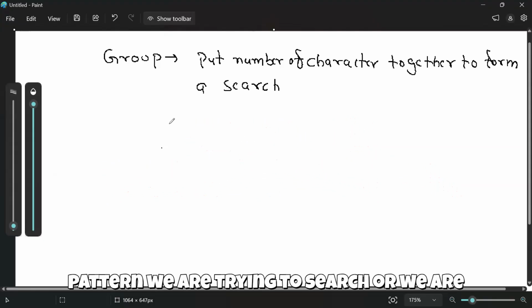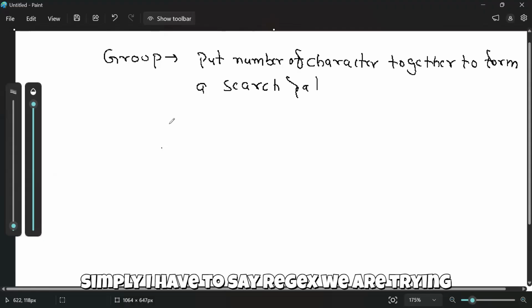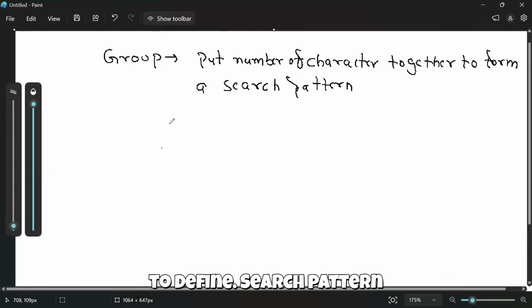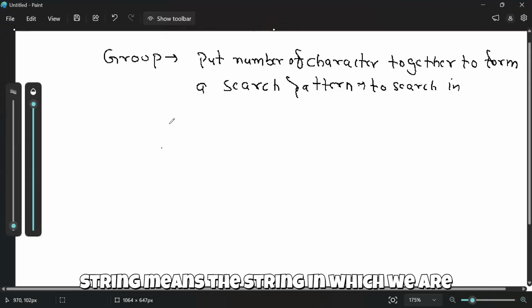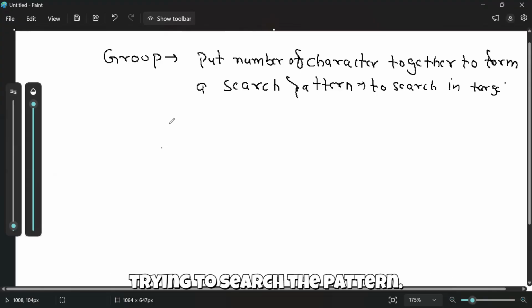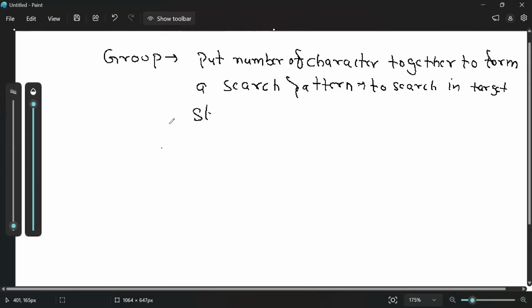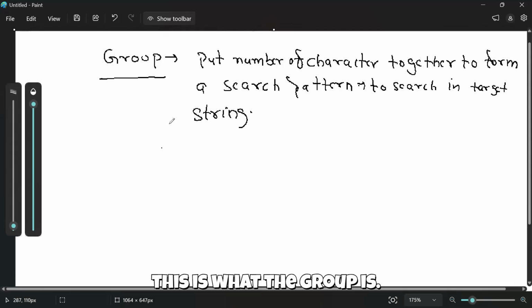Search pattern means the pattern we are trying to search, or simply the regex we are trying to define. Search pattern to search where? In the target string. Target string means the string in which we are trying to search the pattern. This is what the group is.